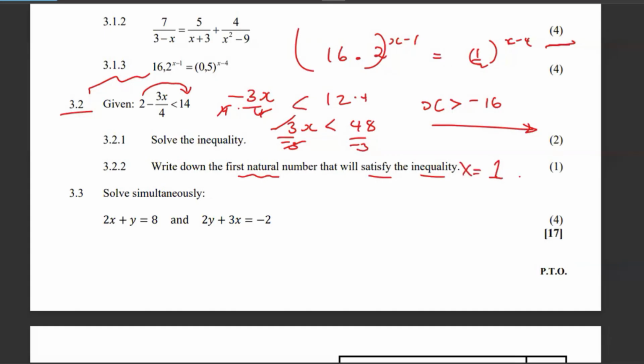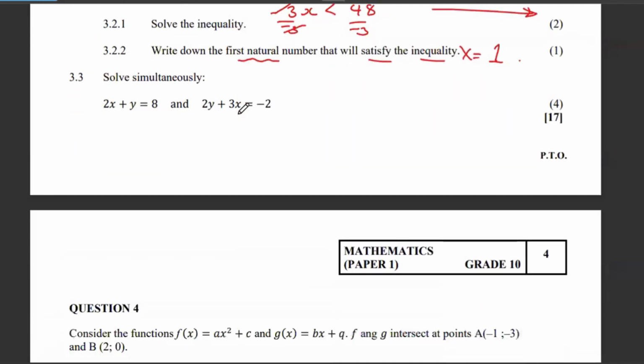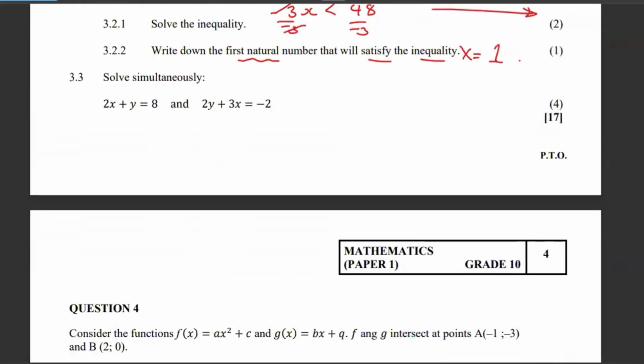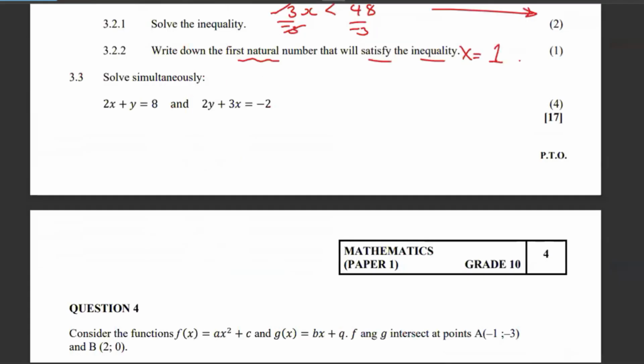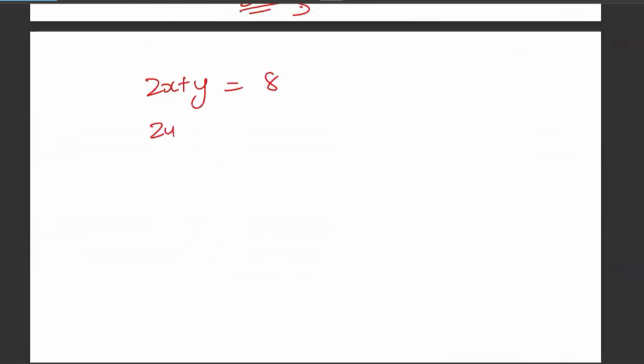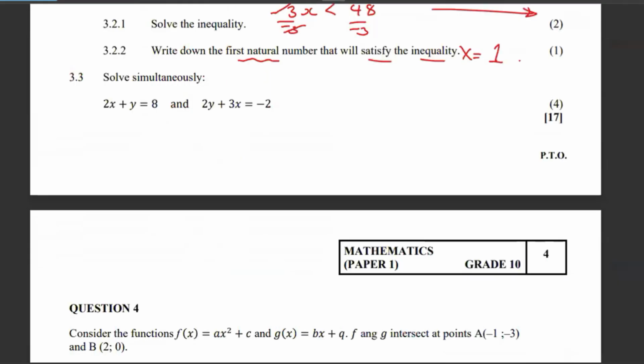Okay. Then 3.3, they want us to solve this simultaneously. So 2x plus y is equivalent to 8. And then the other equation is 2y plus 3x is negative 2.